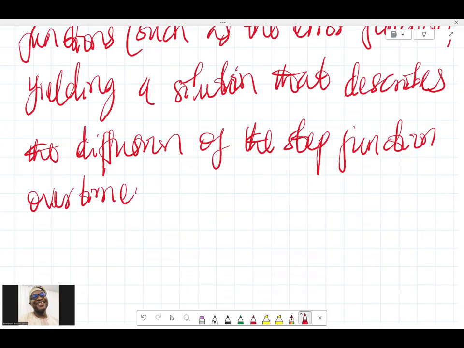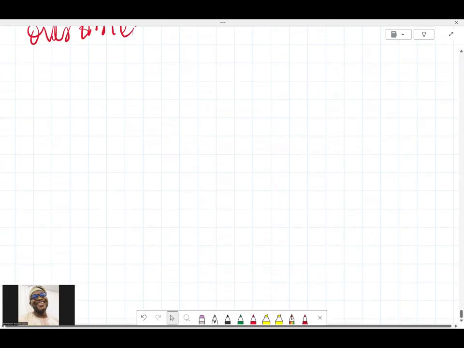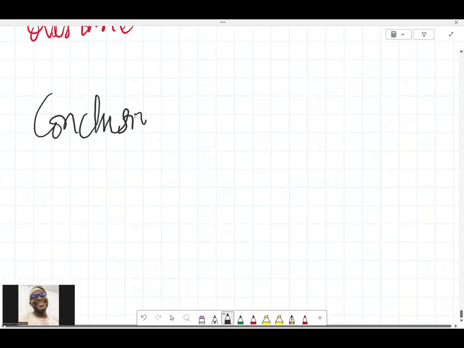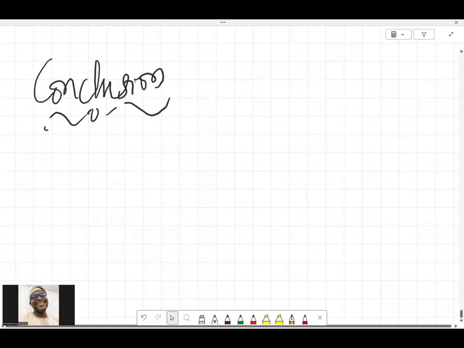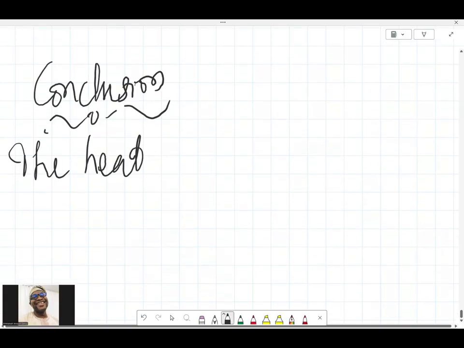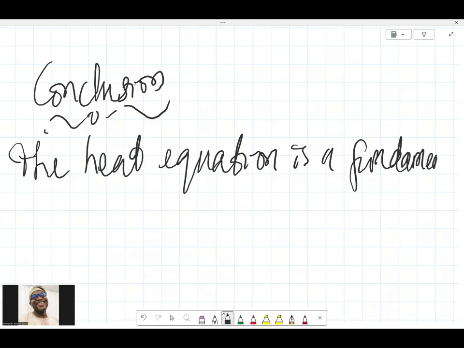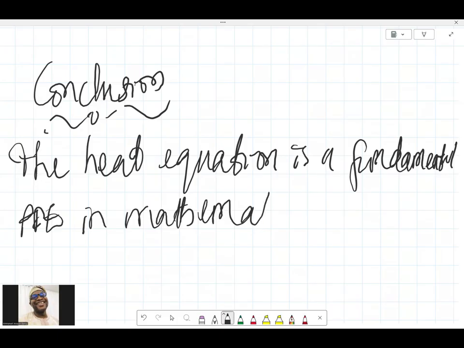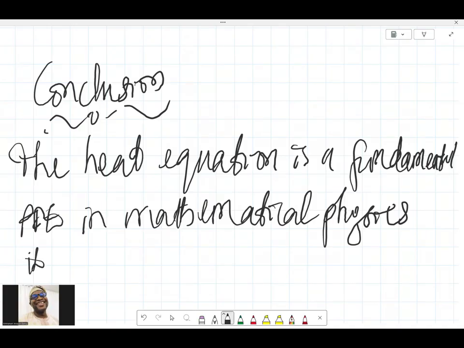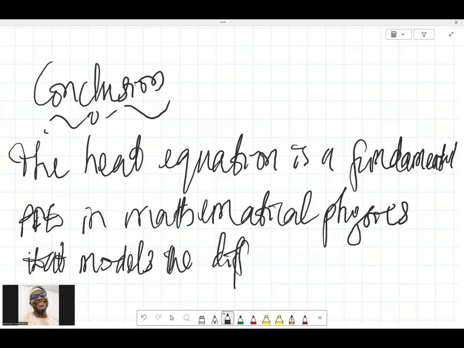Okay. So in conclusion, the heat equation is a fundamental PDE, just like wave and Laplace. The heat equation is a fundamental PDE in mathematical physics that models the diffusion of heat.